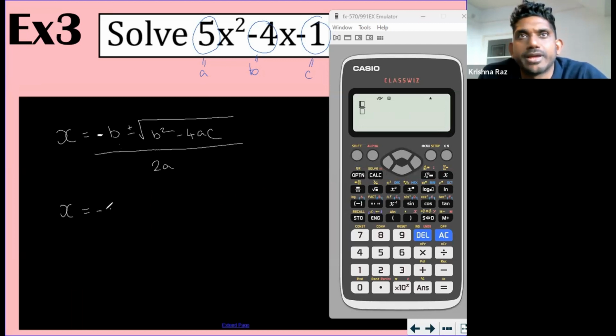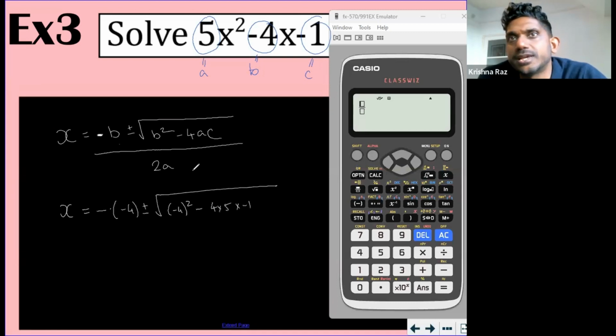So when I sub that in, x equals minus minus 4 plus or minus the square root of minus 4 squared minus 4 times a times c. Well, you can see here we have a positive number minus what's going to be a negative number.